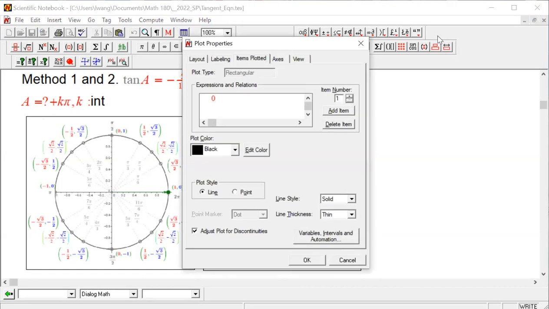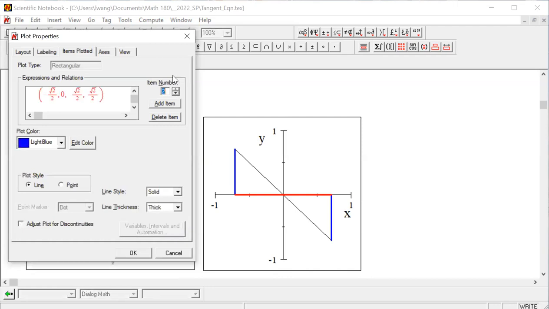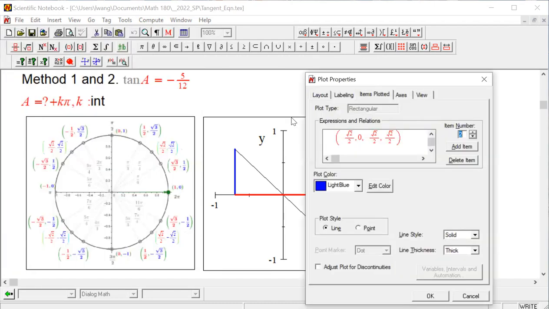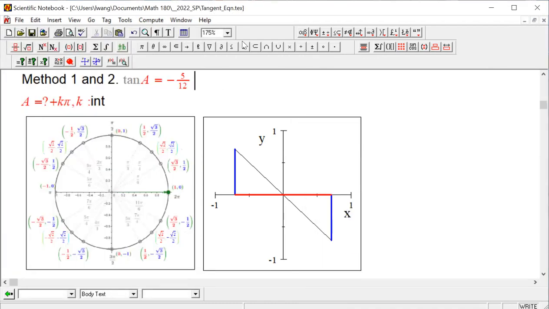I want you to see the similarity by leaving them there. Now this triangle, let me write it down here. Basically you can write this in different ways. You can write this as -5/12 or 5/-12.